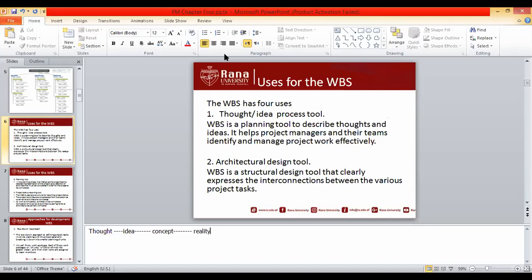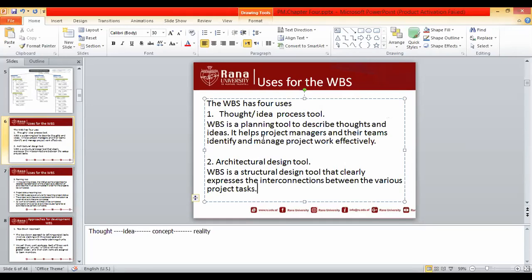So it helps you to convert your ideas into reality. This is one of the usages. If you have an idea in your mind, work breakdown structure will help you convert your idea or thought into a proper concept, and bring it into reality.